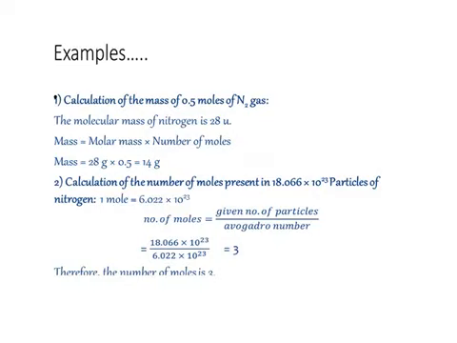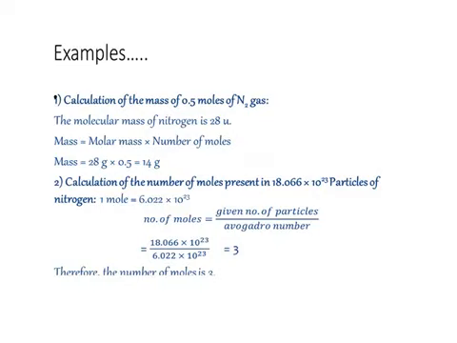Very simple. The second problem: calculation of the number of moles present in 18.066 into 10 to the power 23 particles of nitrogen. We know that 1 mole of nitrogen contains 6.022 into 10 to the power 23. So use the formula: number of moles is equal to given number of particles divided by Avogadro's number.